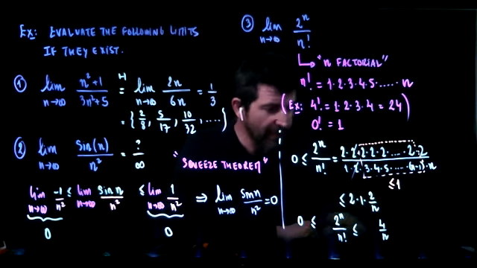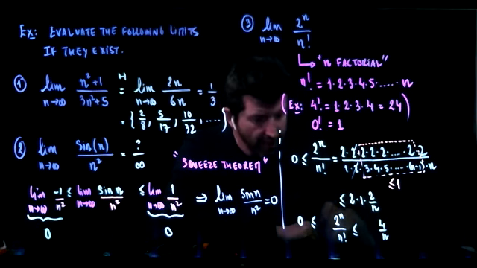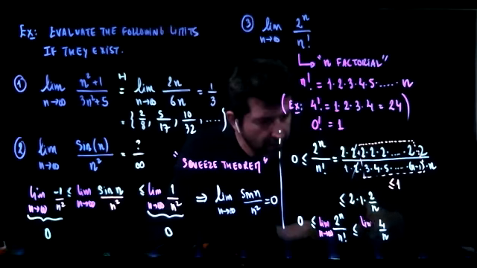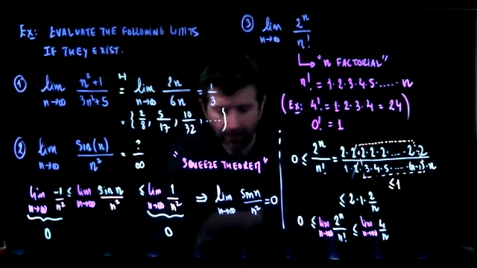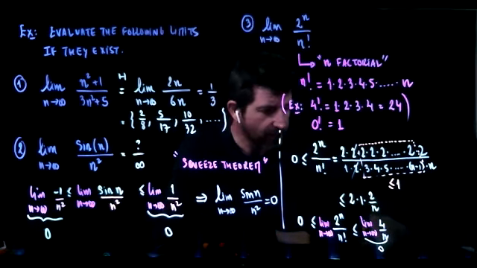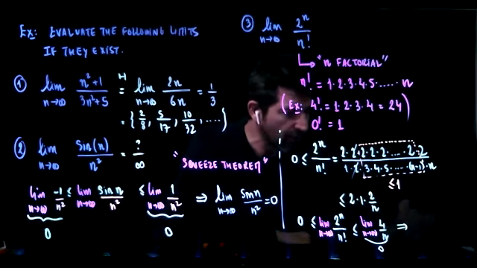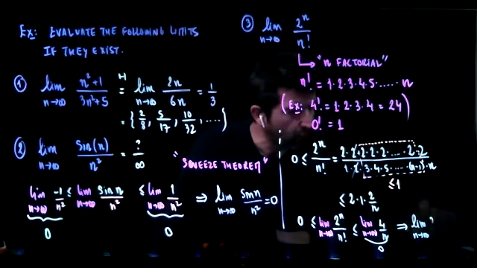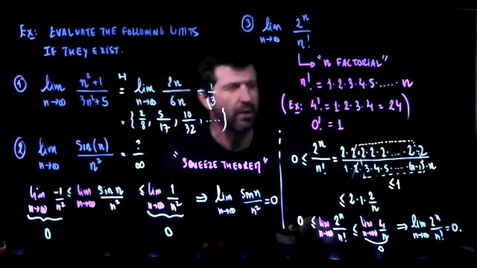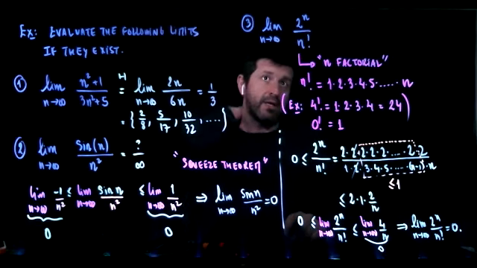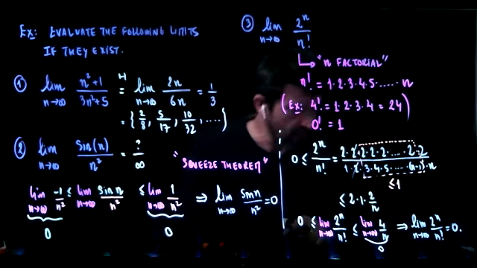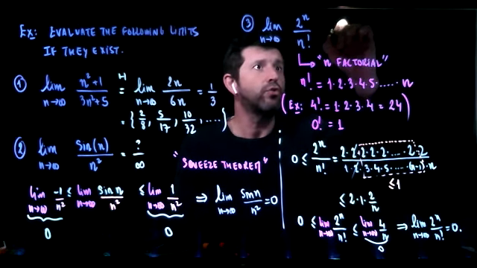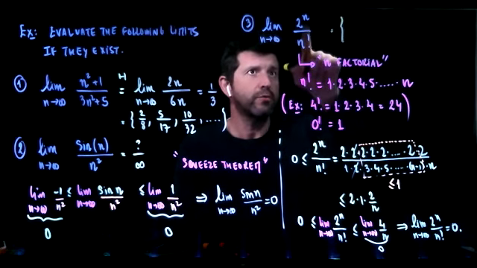And now if I take the limit as n approaches infinity of all 3 sides, well, this is 0. Of course, this is 0. So my limit as n approaches infinity of 2 power n over n factorial is equal to 0. So this sequence converges to 0. It's good to write down the terms.